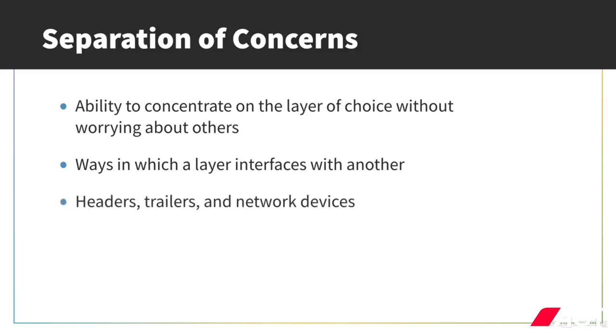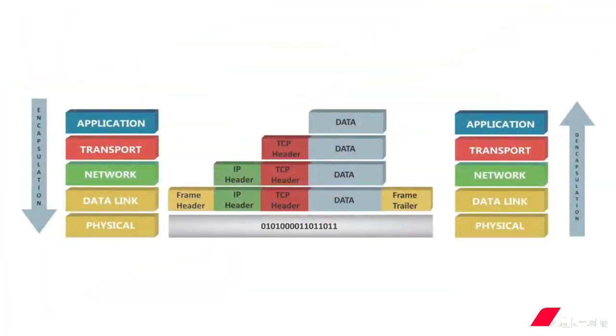In our previous lessons, we already touched upon these layers in terms of headers, trailers, protocols, and network devices. In addition to the physical layer, there are other layers such as data link, transport, network, and application. The top layer is the application layer, where network applications generate their data. The bottom layer is physical.